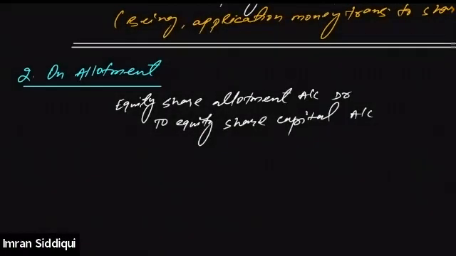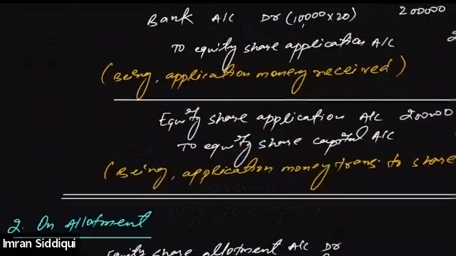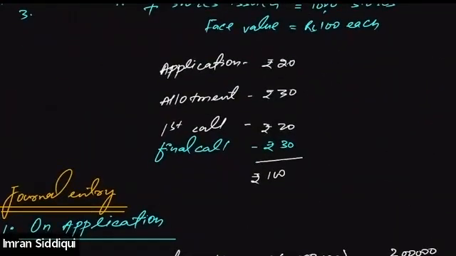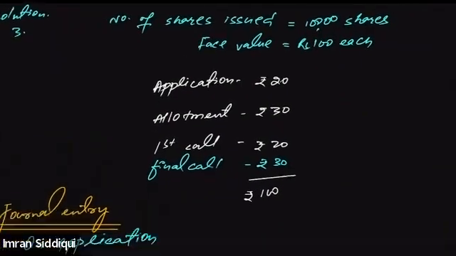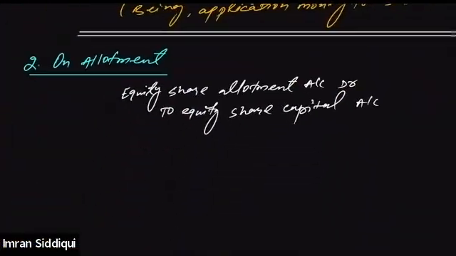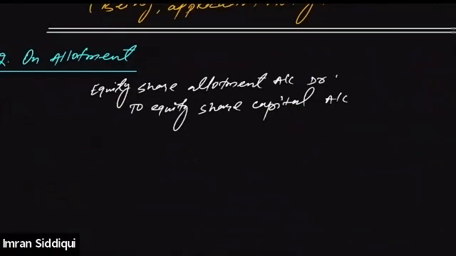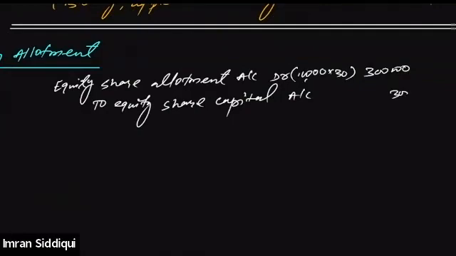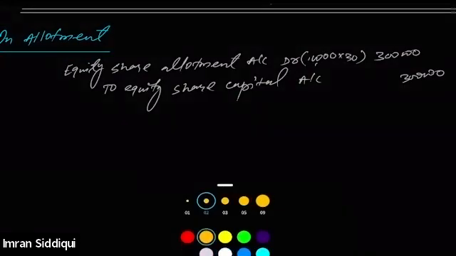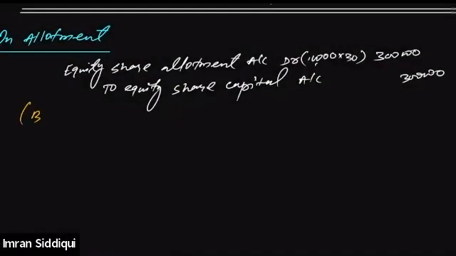And the amount of allotment was how much? It was 30 rupees per share on allotment. 10,000 shares were issued. 10,000 into 30 will be how much? 3 lakh. Is that right? Tell me, Prerna and Shifa, is that clear to you? Yes, sir. And the narration could be being share allotment due.